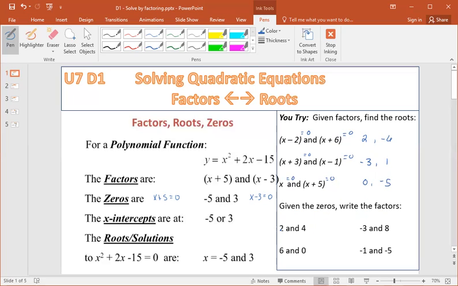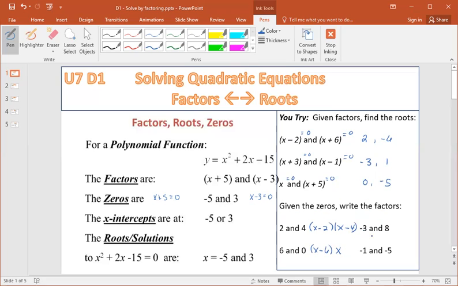So if I had 2 and 4, that means I have an x minus 2 and an x minus 4. Okay, 6 and 0. I have an x minus 6, and then I just have x. You do not put 0 there.